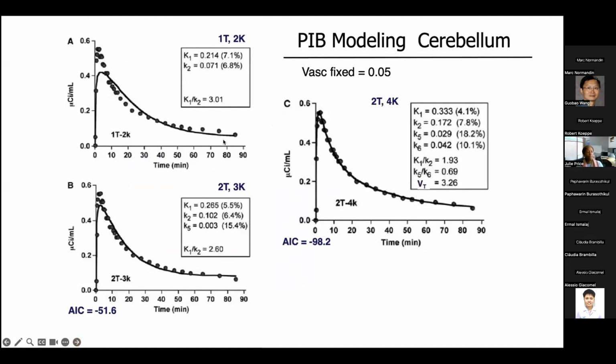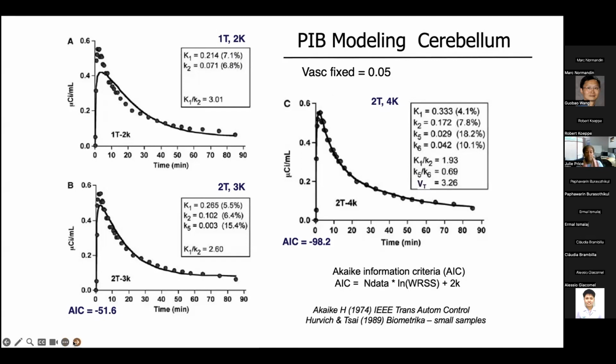Okay, this is just an example of initial modeling in the cerebellum using a 2-parameter model, and clearly the data were not well described. Using a 3-parameter model, the delivery characteristics were still underdescribed. But a 4-parameter model gave the best fit in terms of the AIC criteria as well, which is a parameter that many of you are familiar with, which relates the goodness of fit for nested models.